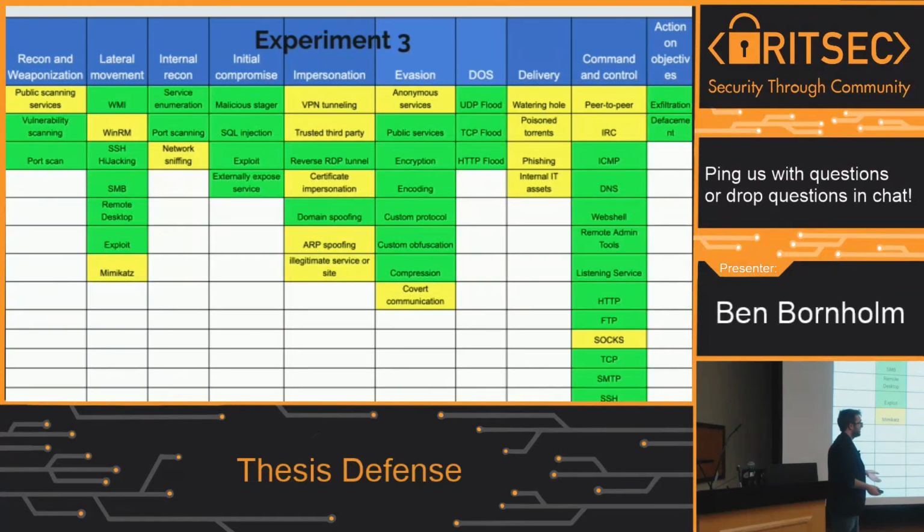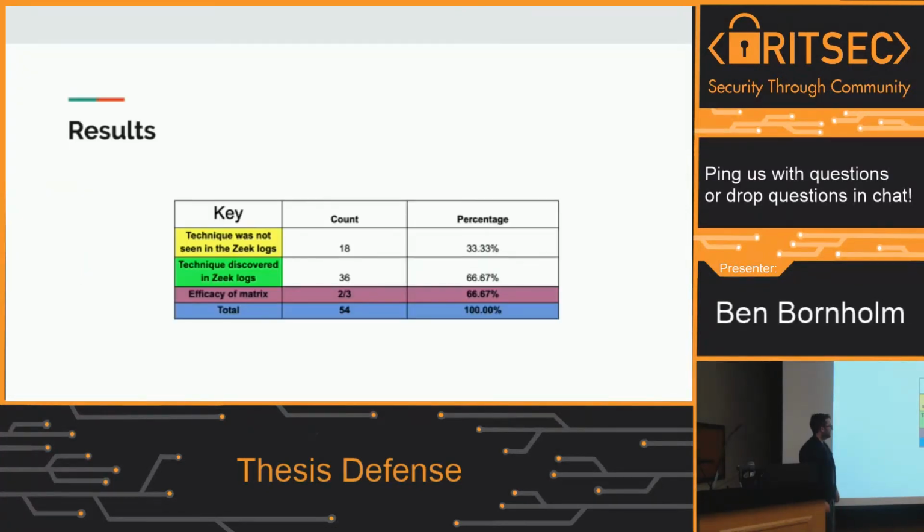But unfortunately, we'll probably never know unless I sit down with an actual person from the CCDC team. Everything in green was something that we could actually confirm that we did see in the PCAP. And everything in green does have a Splunk query standing behind it, proving that we did find it. So we were close to 66% effective with detecting the red team at CCDC.